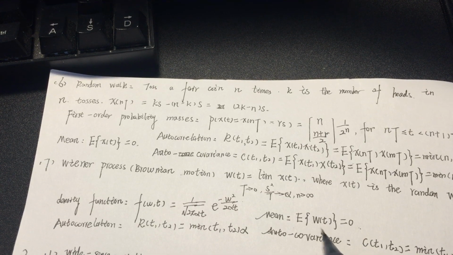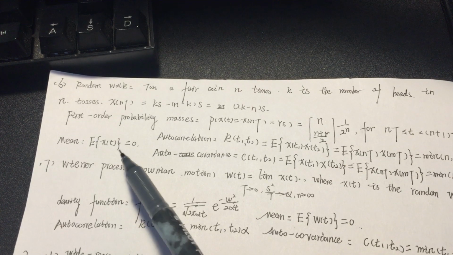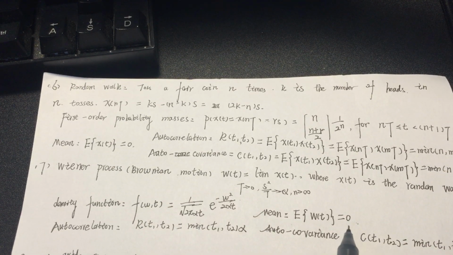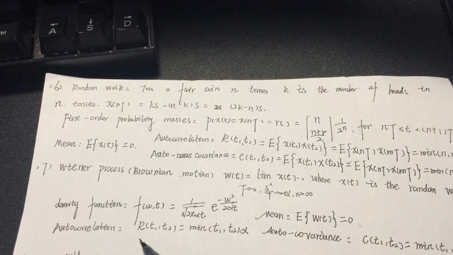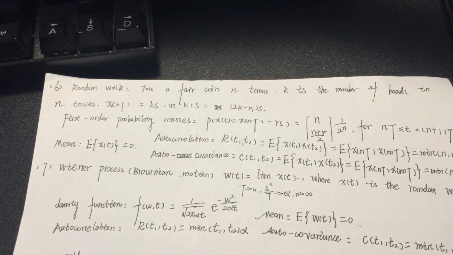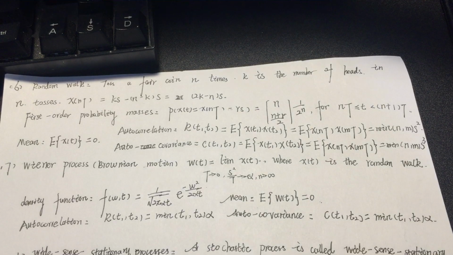We know W(t) is the limit of X(t), and the expectation of X(t) is equal to 0, therefore the mean of it equals 0. The autocorrelation of the Wiener process is the minimum of T1, T2 multiplied by alpha, and the autocovariance of T1, T2 is the minimum value of T1, T2 multiplied by alpha. That's question 1.